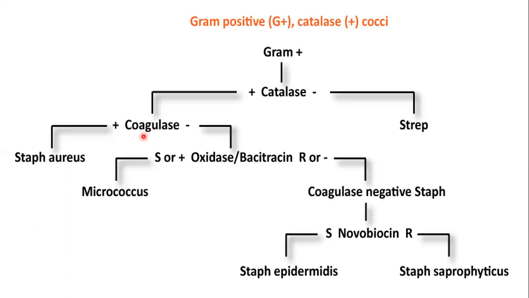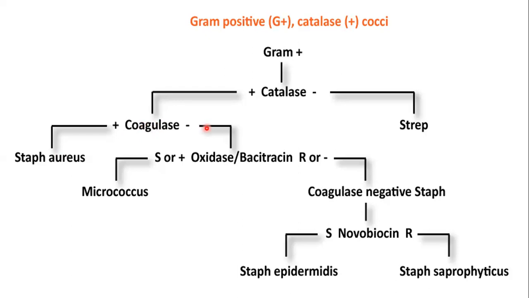Now, the species giving us a positive coagulase test is Staphylococcus aureus, whereas those negative for these tests are generally classified under coagulase negative Staphylococcus, or CONS.